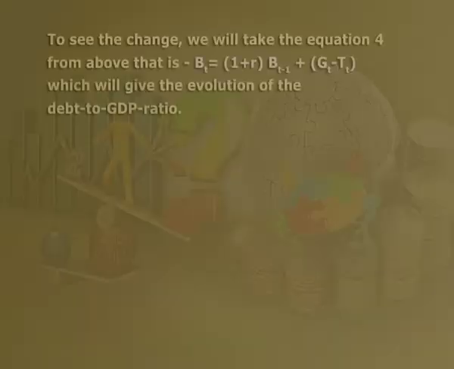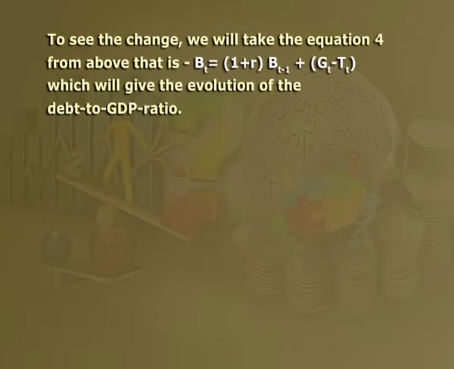In the above section, we have focused on the evolution of the level of debt, but to focus on the ratio of debt to output is more sensible, because in any economy, output grows over time. To see the change, we will take the equation 4, that is Bt is equal to (1 plus R) whole into Bt minus 1 plus Gt minus Tt, which will give the evolution of the debt to GDP ratio.